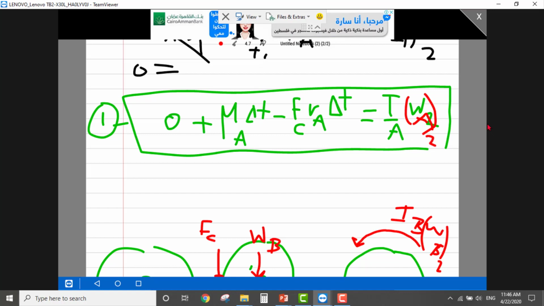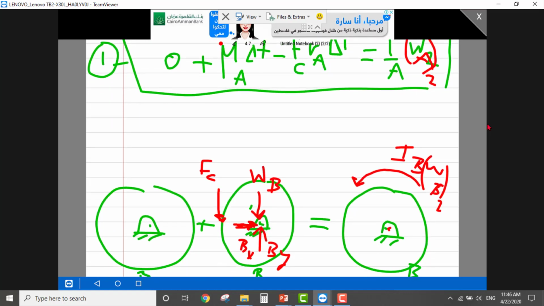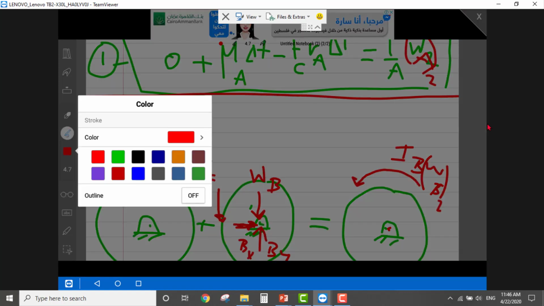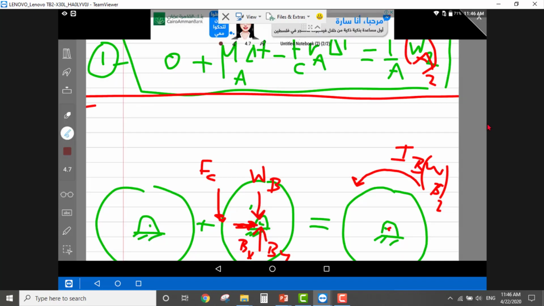Now I need to write the equation for gear B. So let me put a line between these two equations, and let me use another color. I'll use brown.